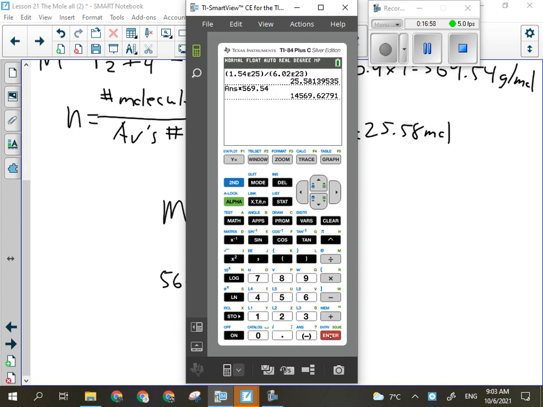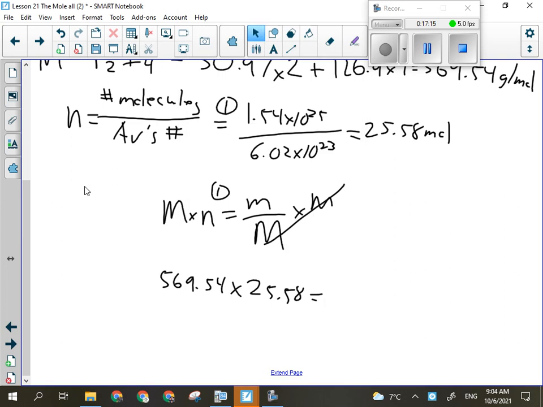Okay, I have a lot. That's almost 30 pounds. Okay? It's 14.5 kilograms of this stuff. Okay, that's a lot. And so we're going to write in 14,569.63 grams.